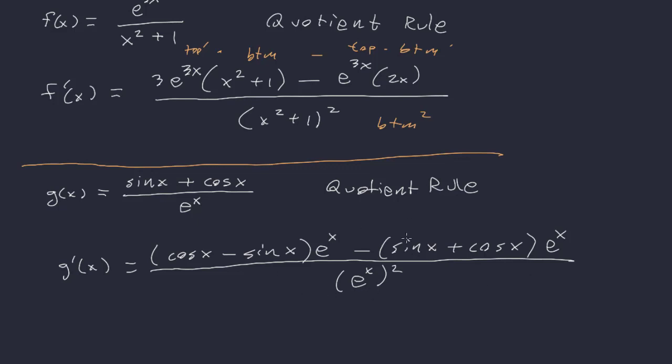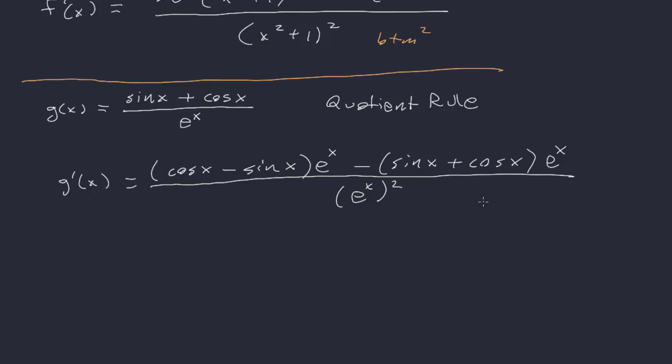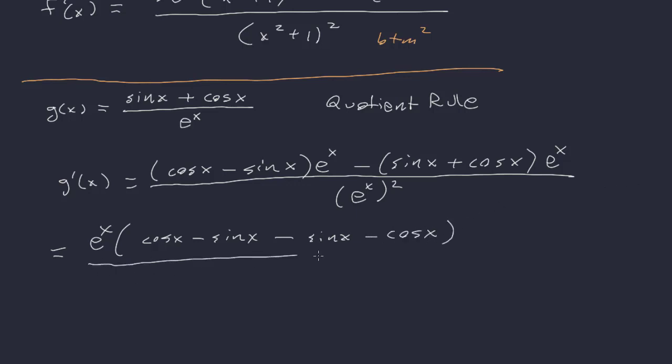Now, often I don't simplify these, but sometimes you can look at these and see that maybe they will simplify by a lot, and that's what we have going on here. If I factor e to the x out of the top, we'll be left with cosine x minus sine x, minus, if I distribute this minus sign, minus sine x minus cosine x.